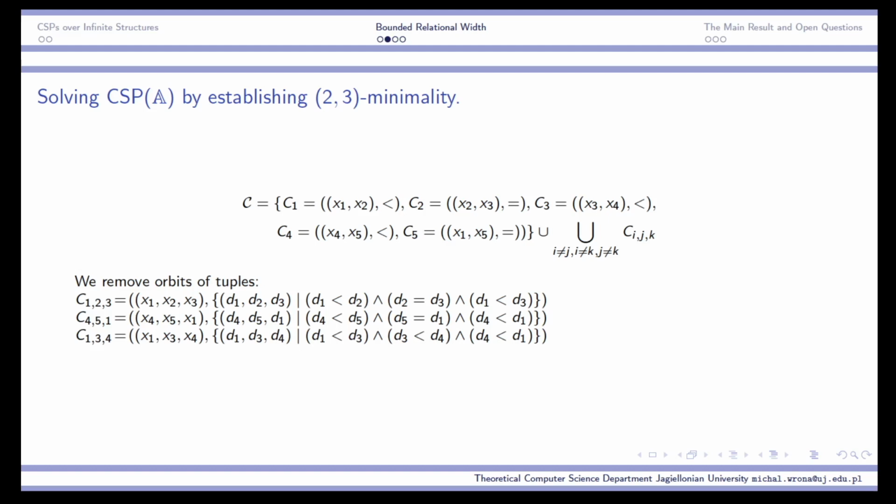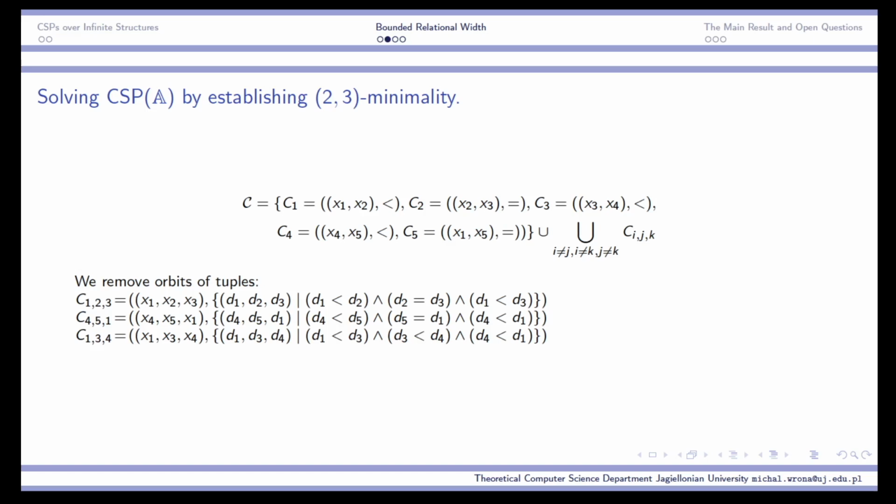So this C134 has a relation of triples d1, d3, d4 such that d1 is less than d3, because of the constraint C123; d3 is less than d4, because of the constraint C3; and d4 has to be less than d1, because of the constraint C451.